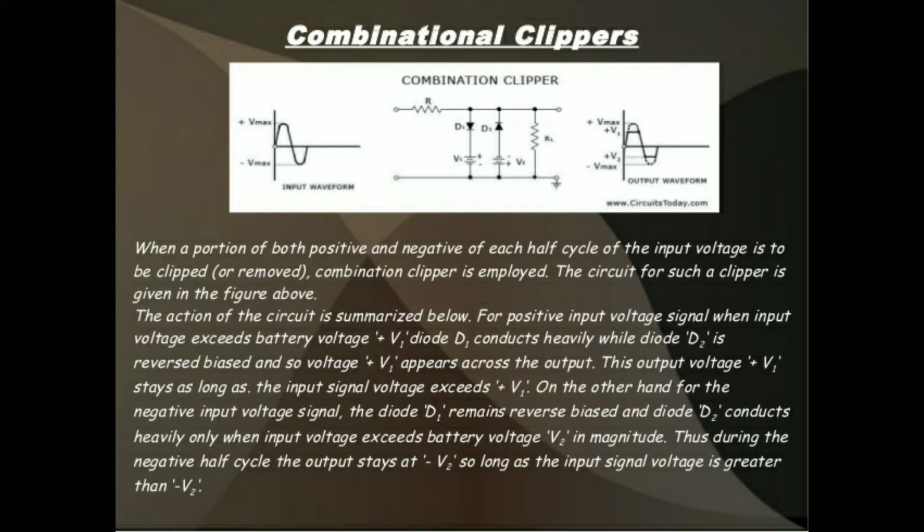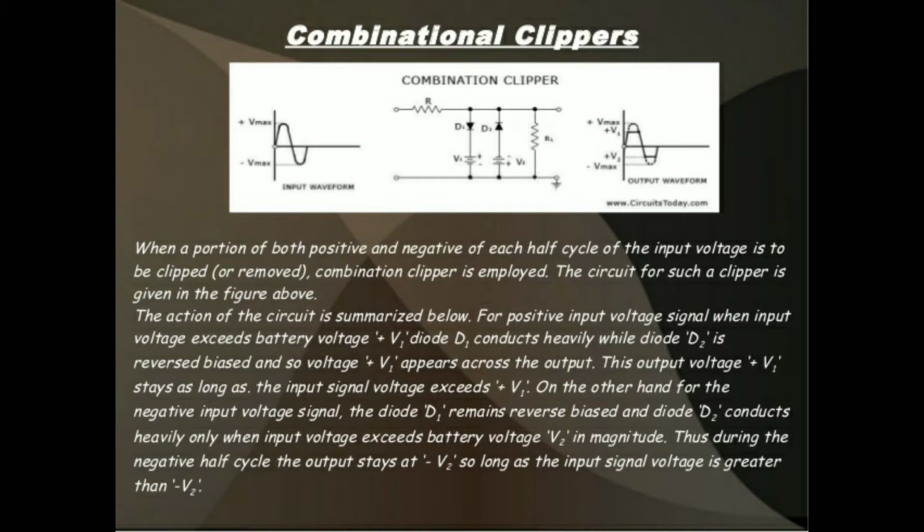Now we are going to learn the double level clippers. That means simultaneously the output will appear at the positive side and negative side. So let us see how we get the two level clipper. First of all, we have to consider the circuit diagram.